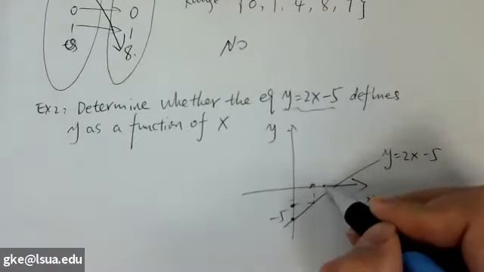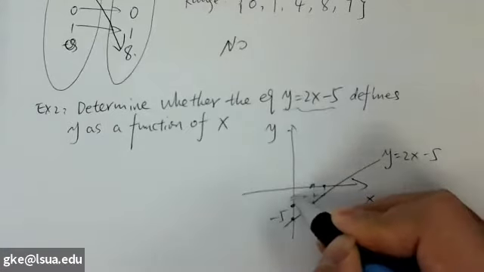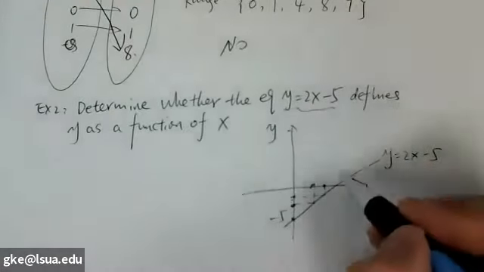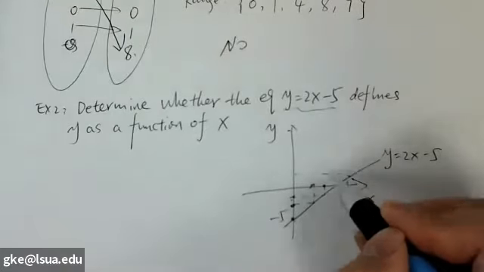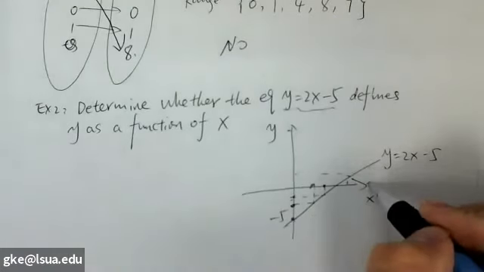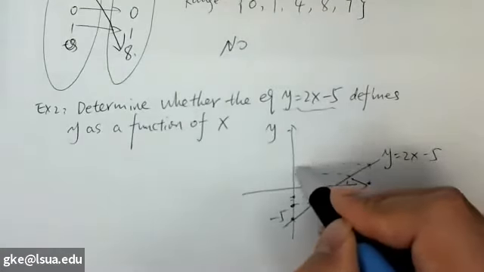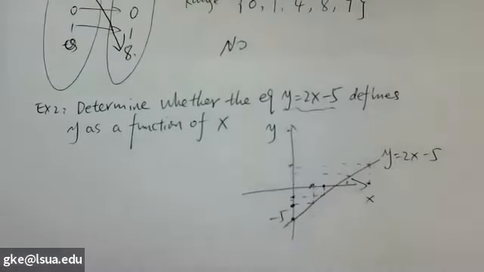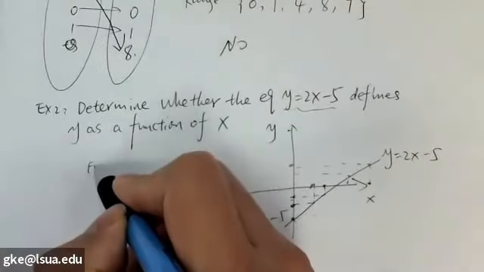Whatever x you pick, you always can find only one y value. Is that clear? What does that mean? Is that a function or not? That's a function.